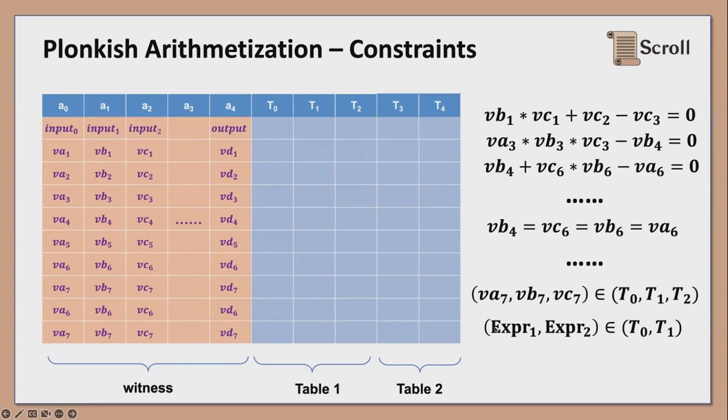It's an expression of the variables in the table. And you can look up this expression tuple and check whether it belongs to a table or not. So those are 3 different constraints you can write in a Halo 2 circuit. Any questions here?